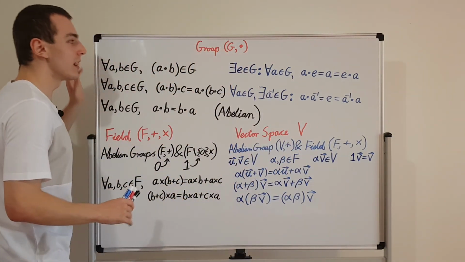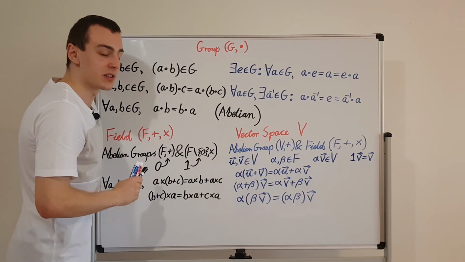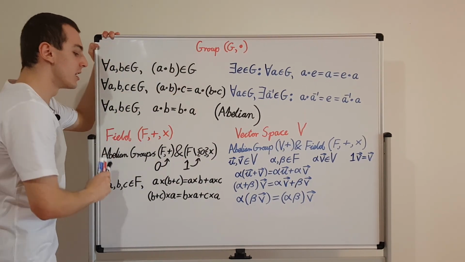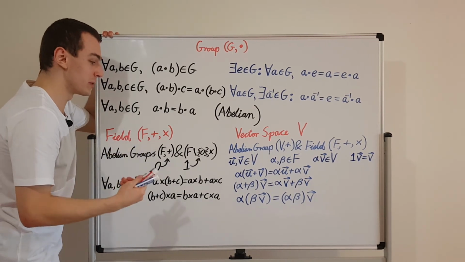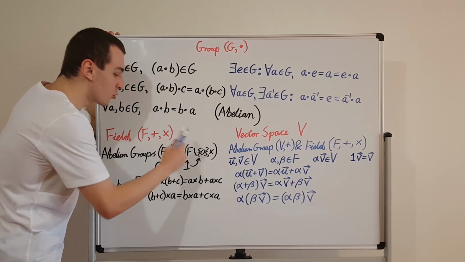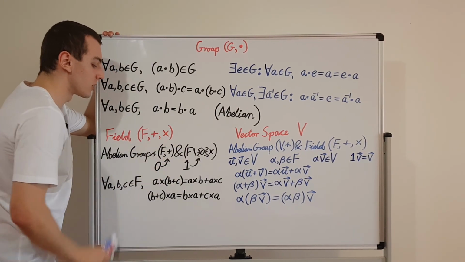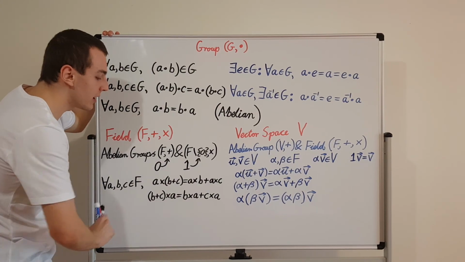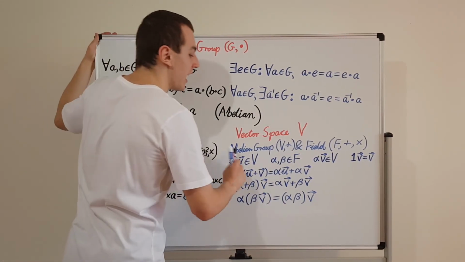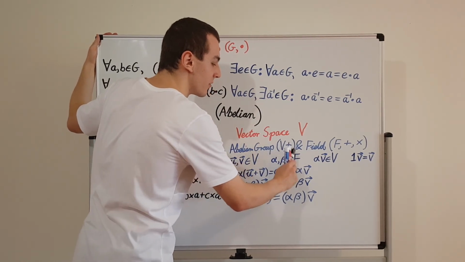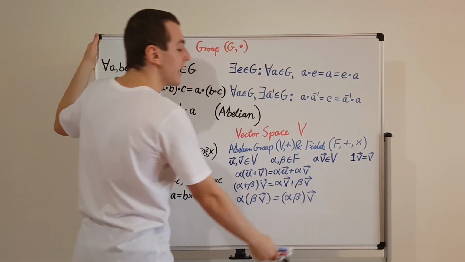So just as a quick summary, we started with groups. We defined abelian groups or commutative groups, and then we used that definition to define fields. So a field is essentially two groups. So we have a set with two abelian groups with two separate operations. And those are addition and multiplication. And there's also the distributive property which links addition and multiplication together. And then we used an abelian group under addition of this vector space and a field of scalars to define a vector space.